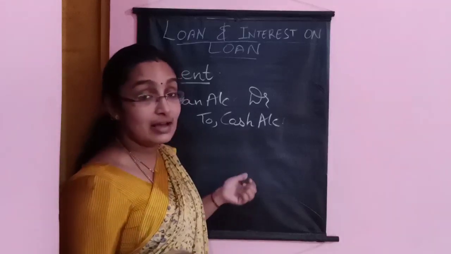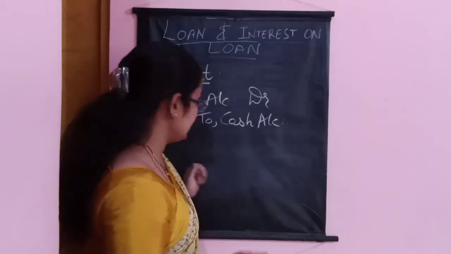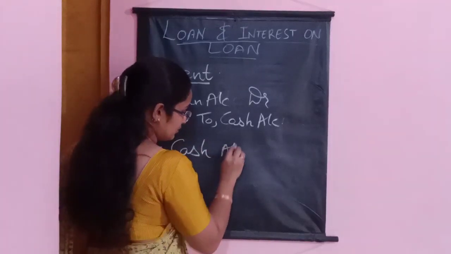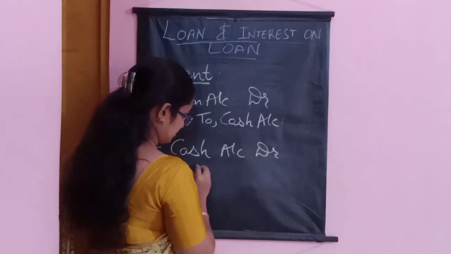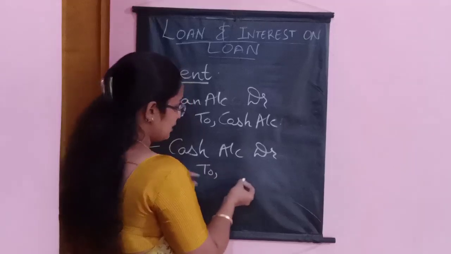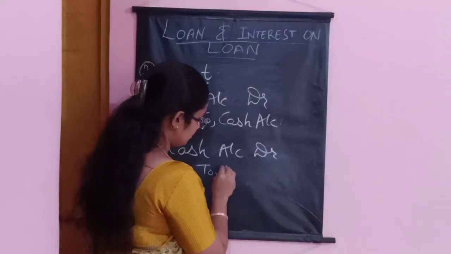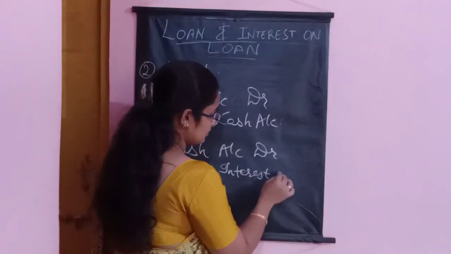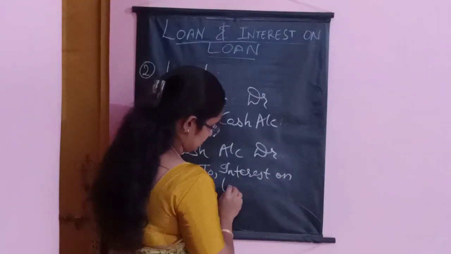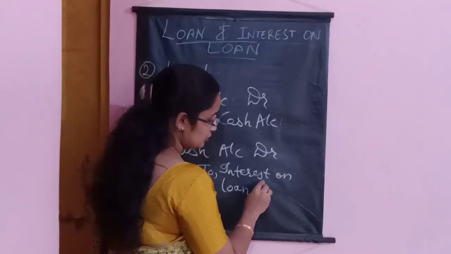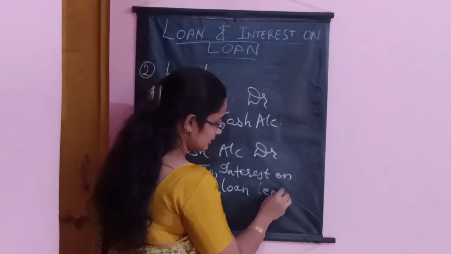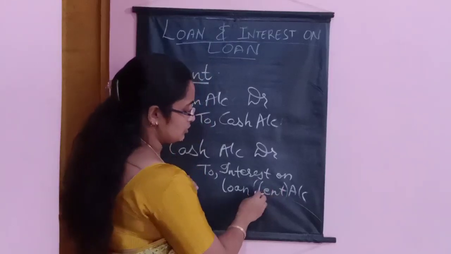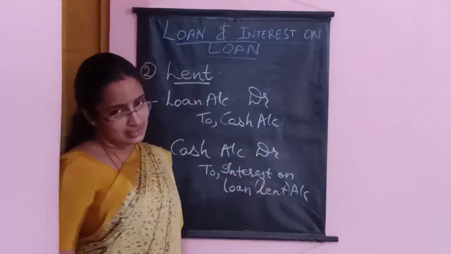So the journal entry will be cash account debit to interest on loan lent account. This can be optional, loan lent on loan account.